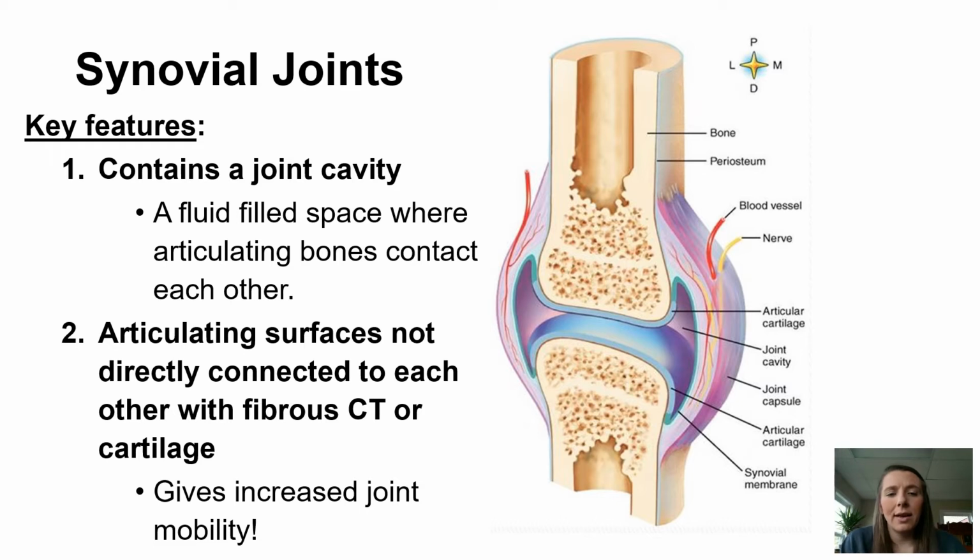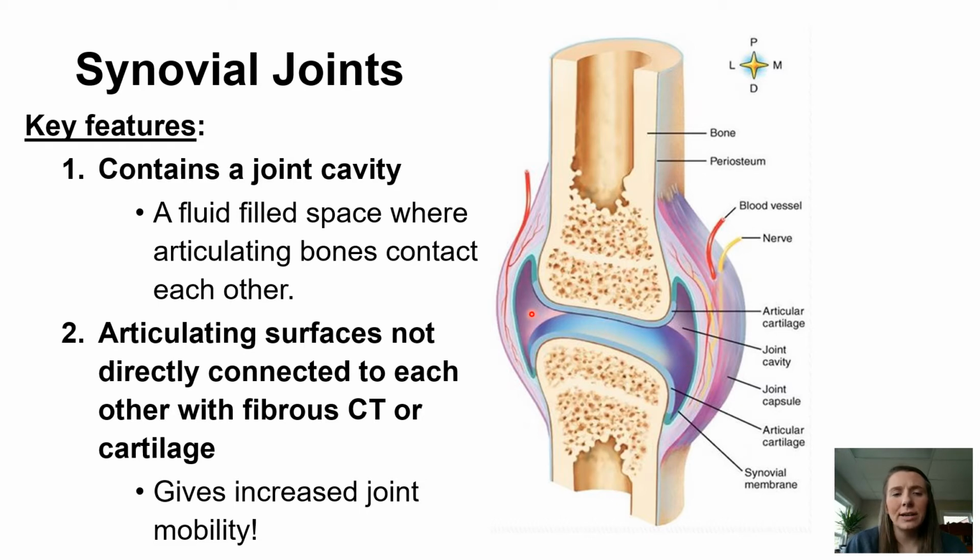They contain a joint cavity, and a joint cavity is a fluid-filled space where the articulating bones are actually contacting each other. But again, remember, this is fluid-filled, okay? So the fluid can act kind of like a cushion. I'm outlining this joint cavity with the pointer here.